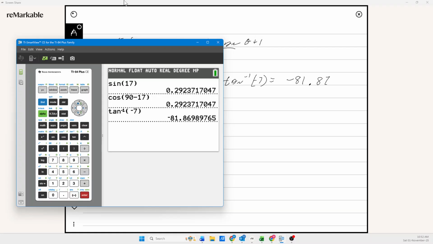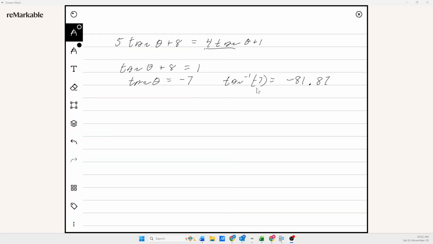All right, so that's my number. Inverse tangent is -81, so let's think about where that is. That's down here, -81.87.